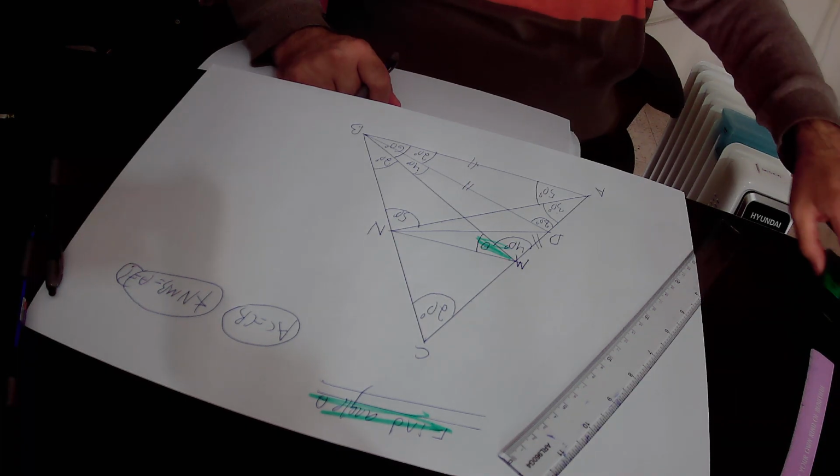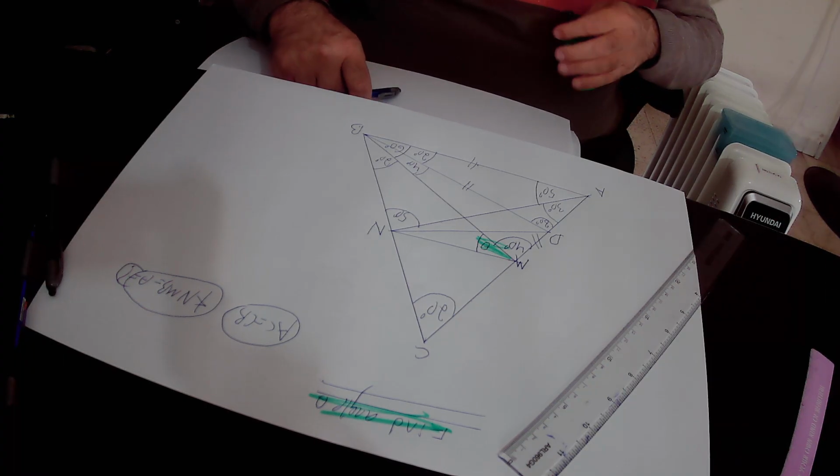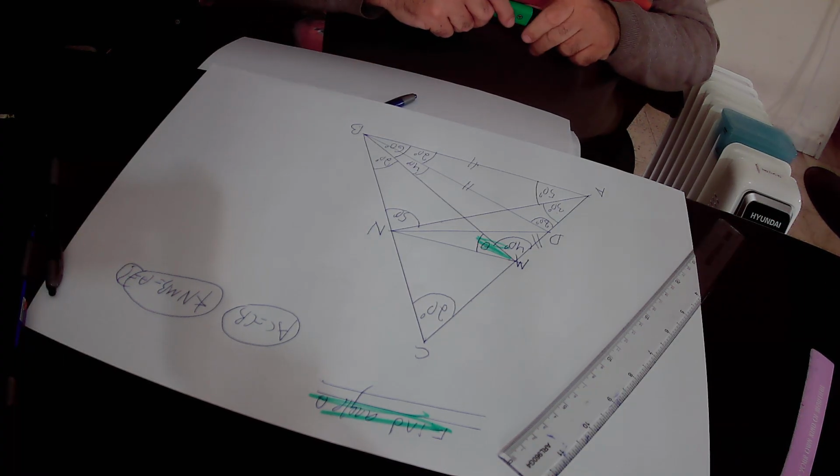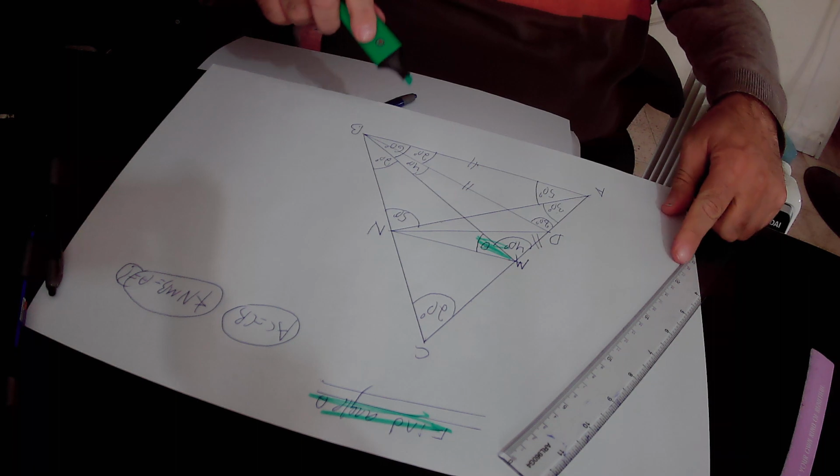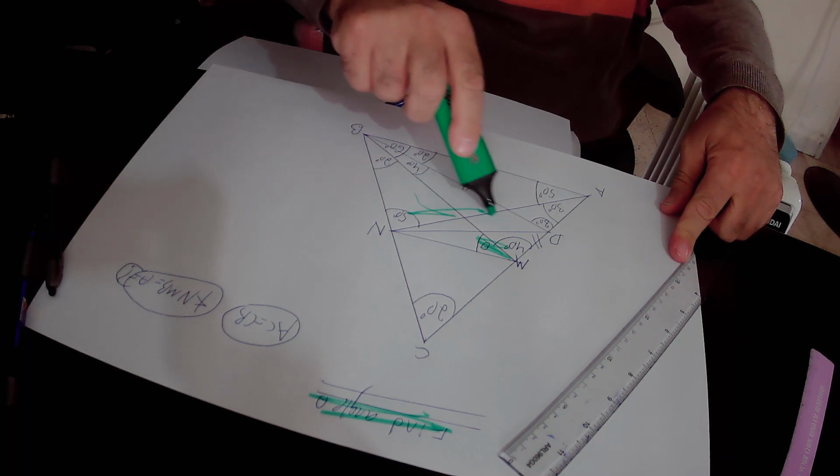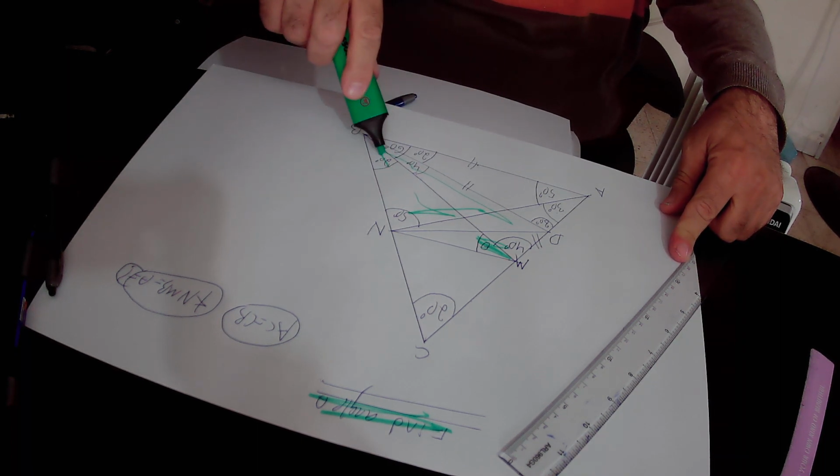And we focus on the green triangle, triangle DNB.